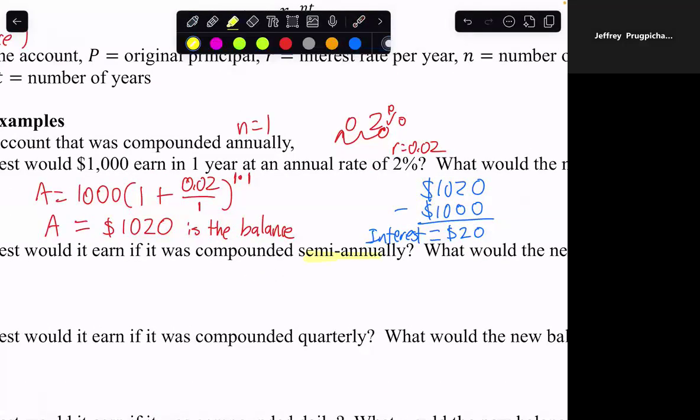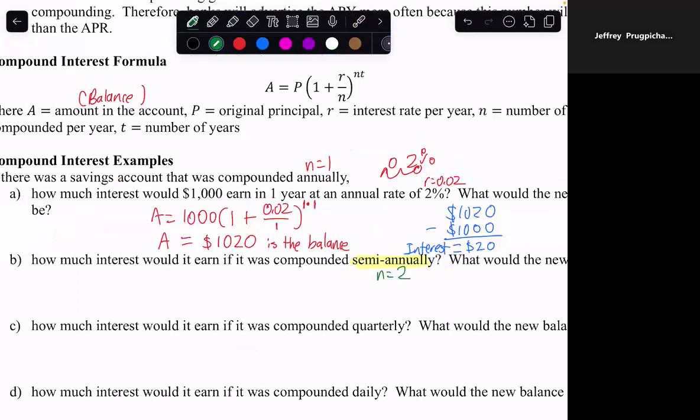Okay, so as we wrote above, semi-annually means that n, the number of times per year, is going to be 2. Okay, so again, you're still starting with $1,000. The interest rate is still 2%, but now n is 2 times per year.